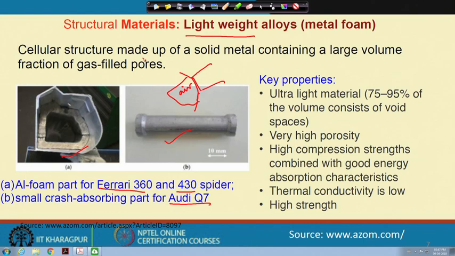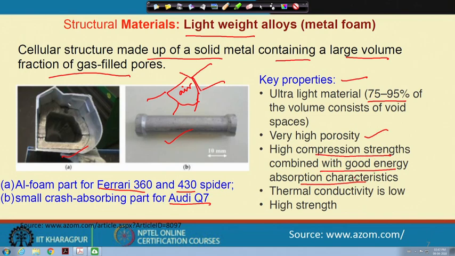It is made of a solid metal containing a large volume fraction of gas filled pores, and these could be open pores or closed pores. However, the key property of such metallic foam is that it is ultra lightweight, because 75 to 90% of the volume consists only of void or spaces due to very high porosity, and very high compression strength combined with good energy absorption.